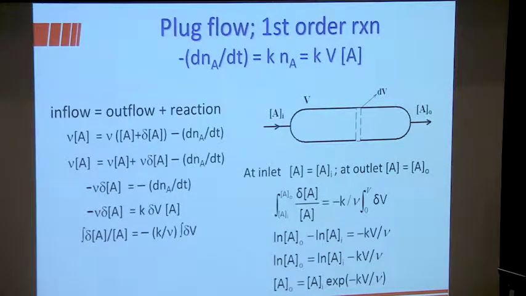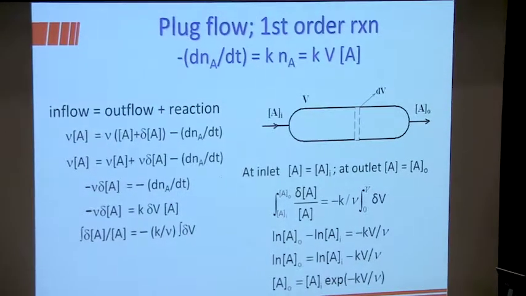So if we integrate that and just reorder the equation, we have the integral of dA over A is equal to minus k over nu times the integral of dV. At the inlet we have the concentration of A at the inlet, and here we have the concentration of A at the outlet.